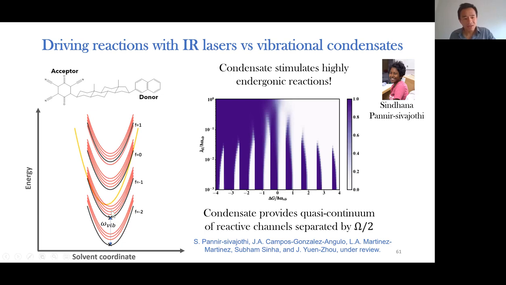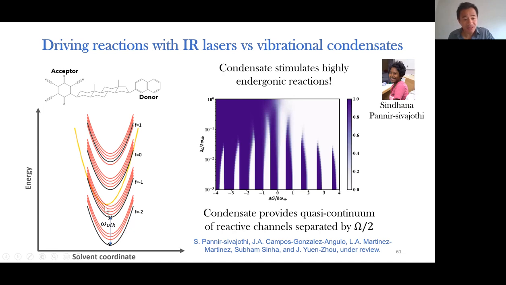And the separation of energies between these different parabolas is not one quanta of vibrational excitation, but the Rabi splitting, which is much smaller. So then you basically get a continuum of tuning the separation of energies between the different polaritonic energy surfaces. And what that does is that you can always find situations where you can cancel the activation energy, right?